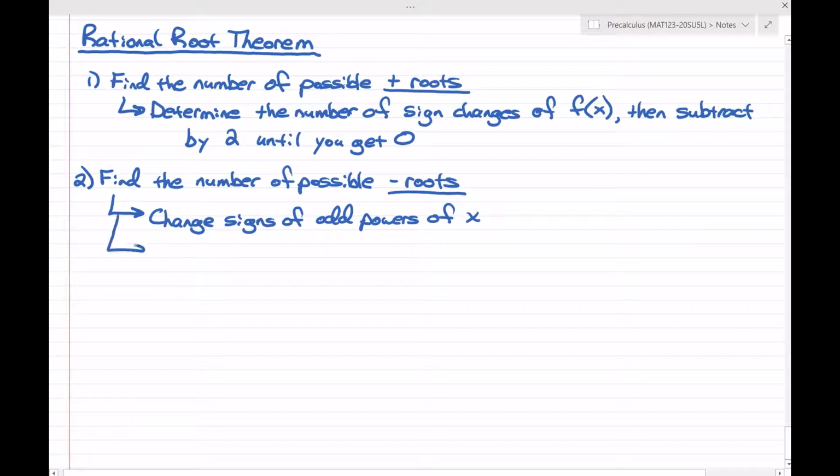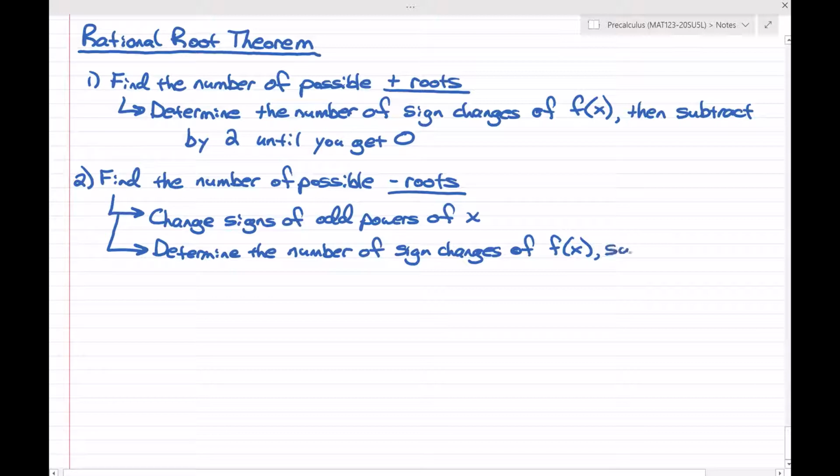And then once you make those changes, you determine the number of sign changes of f of x, subtracting by 2 until you get 0.